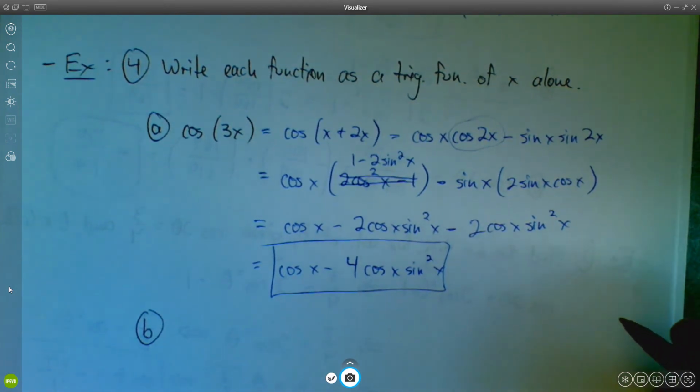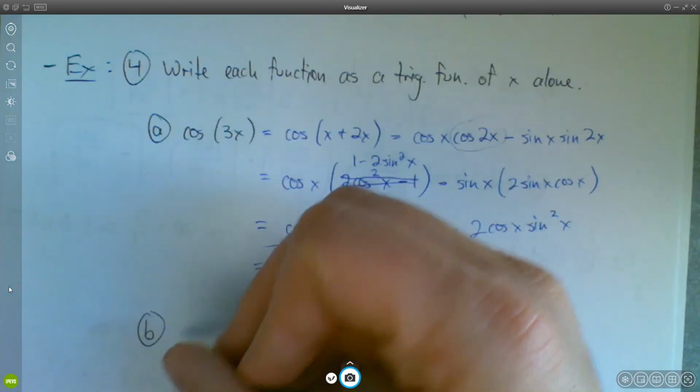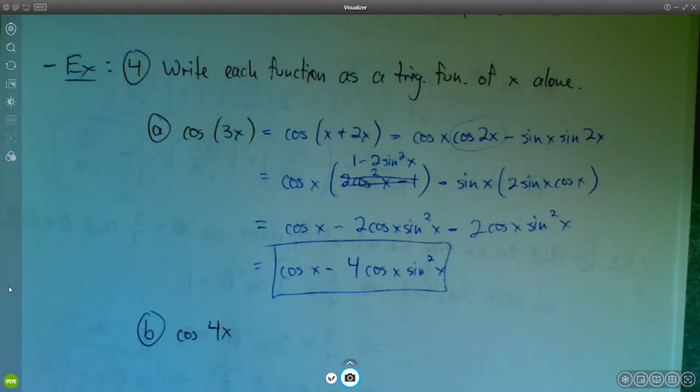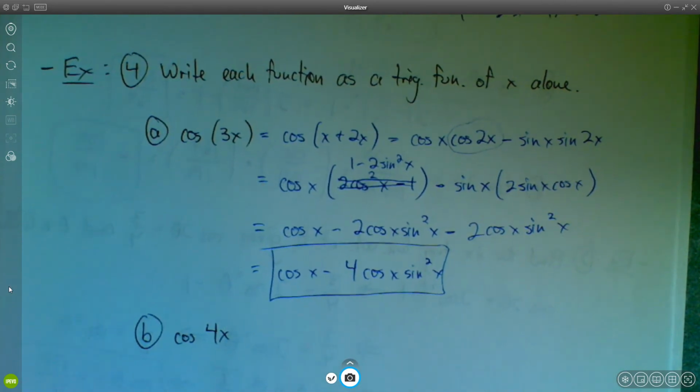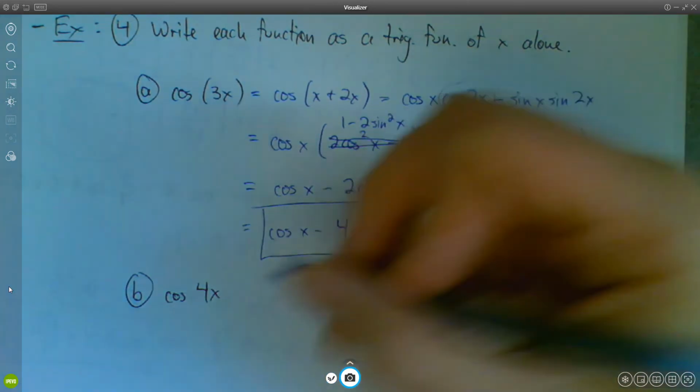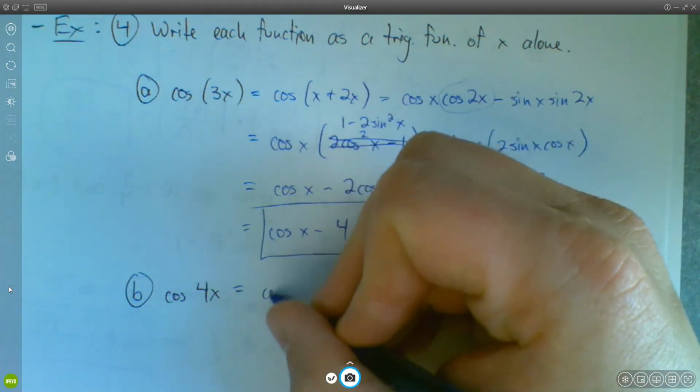But anyway, okay, here we go. Here's another one. Let's do this for cosine 4x. Okay, you probably know the trick. Give the video a pause, see if you can do it. Here I go.